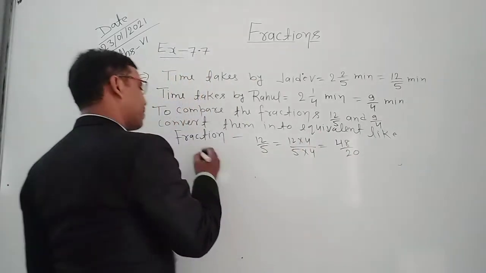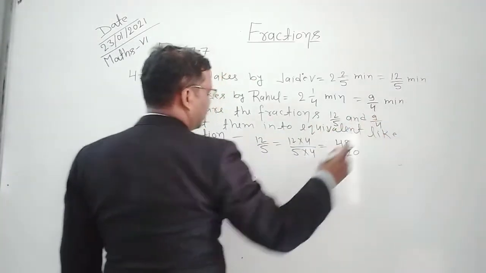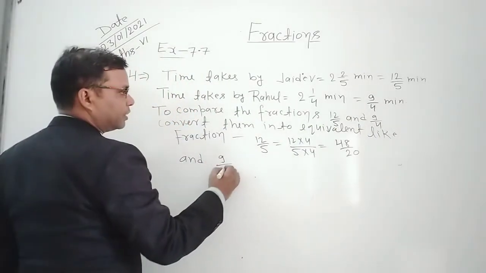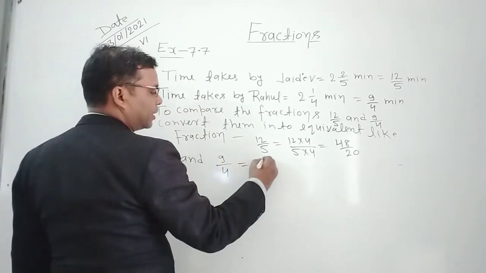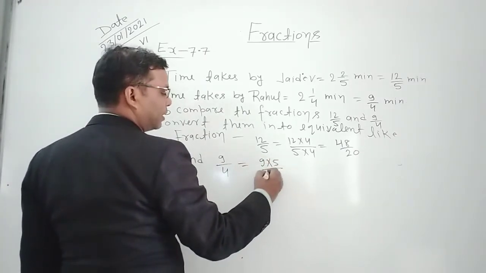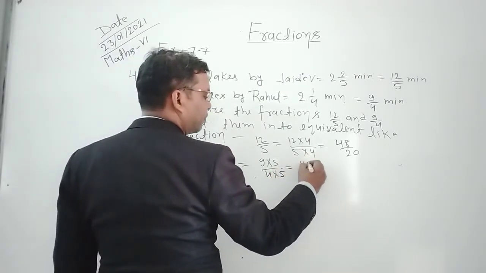Clear now? And this fraction, we convert into an equivalent like fraction. So you can write it 9 into 5 by 4 into 5. This is equal to 45 by 20.